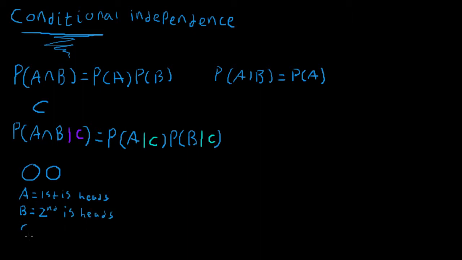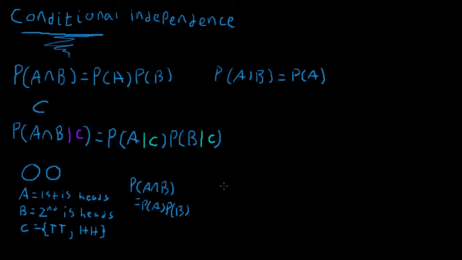Now let C be the event that they're either tails tails or heads heads. Okay, so I think we can agree that the probability of A intersection B is equal to the probability of A times the probability of B. These are just two coins flipped independently.